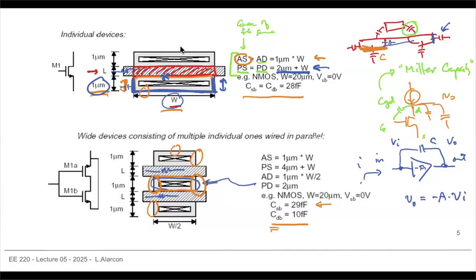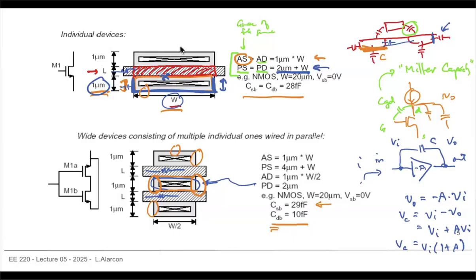It's an inverting amplifier, so the voltage across the cap is V in minus V out. That's actually V in plus A V in, so it's V in times (1 plus A), and that's the voltage across the cap.